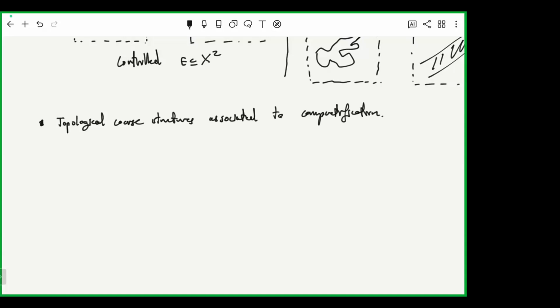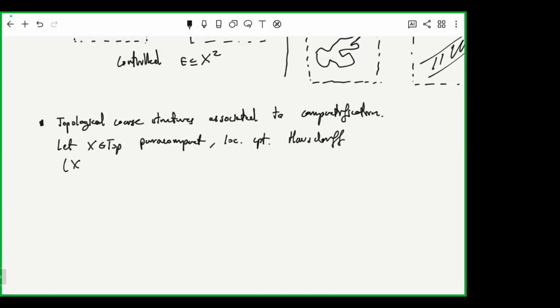I will consider here any paracompact, locally compact Hausdorff space. So let's let X be a topological space that is paracompact, locally compact Hausdorff.